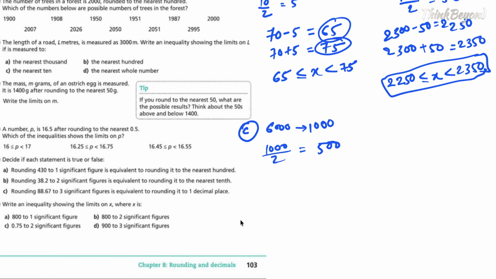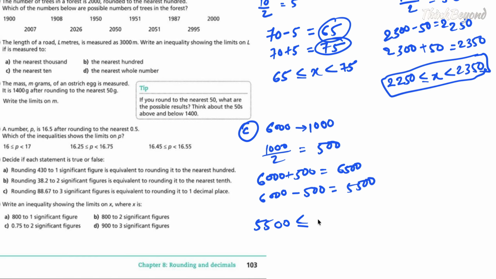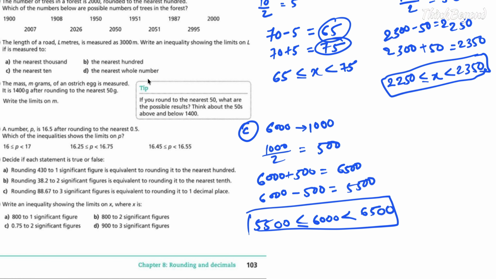So just add it. 6000 plus 500 is 6500 and 6000 minus 500 is 5500. So the inequality will be written as 5500 is less than or equal to x and x is less than 6500. This is the inequality for question C.